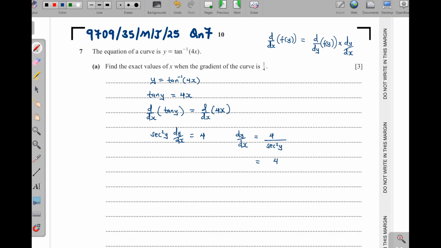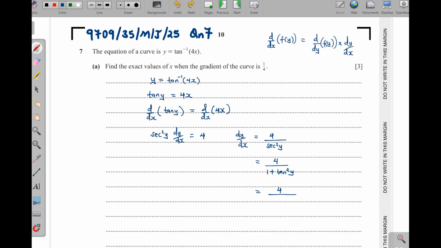But sec squared is the same as 1 plus tan squared y. And what is our... okay, they said the exact values of x when the gradient is this one here.